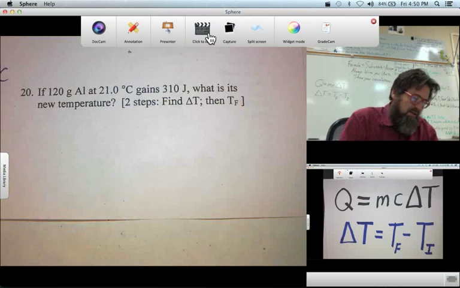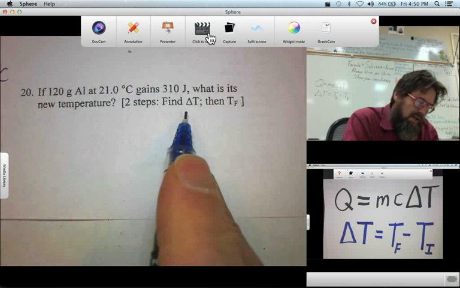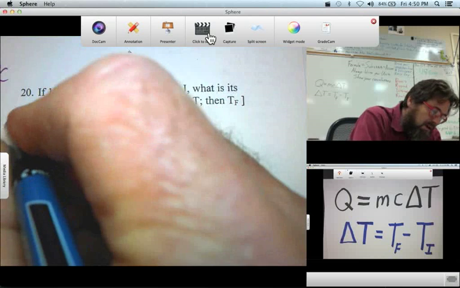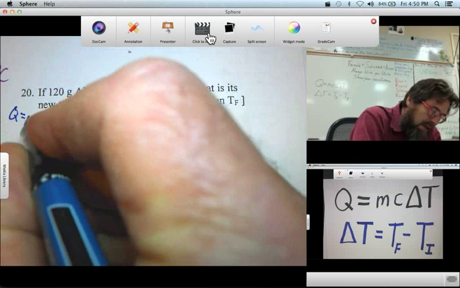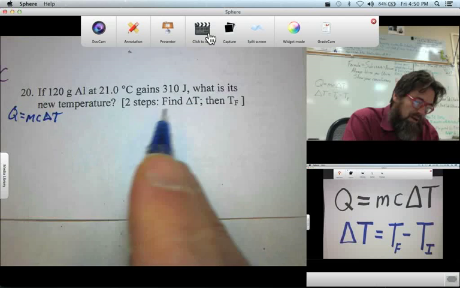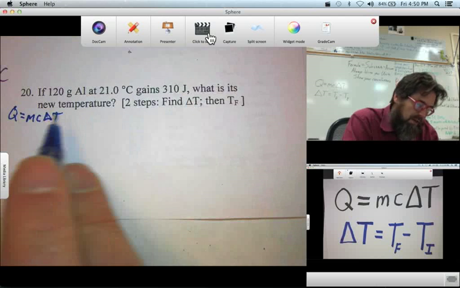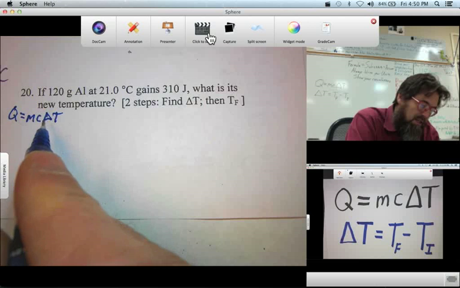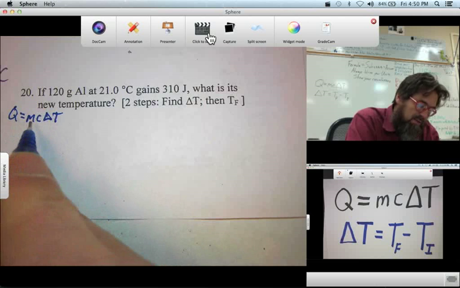I know Q equals mc delta T for the aluminum. So what does delta T equal? Solving for delta T, delta T equals Q divided by mc. We divide both sides by mc.